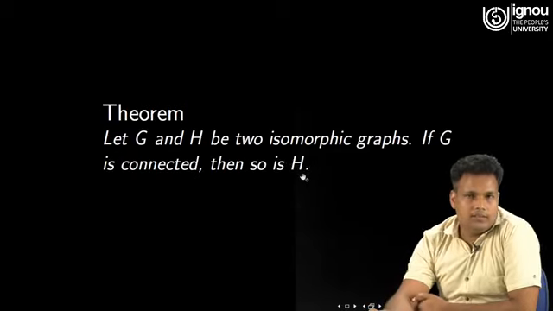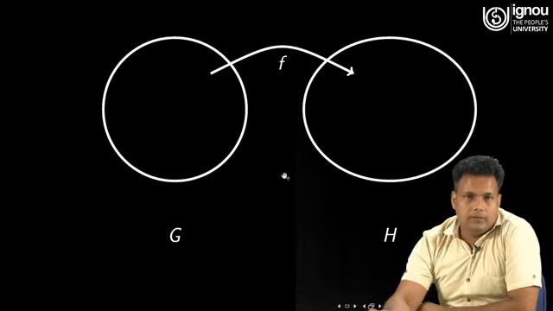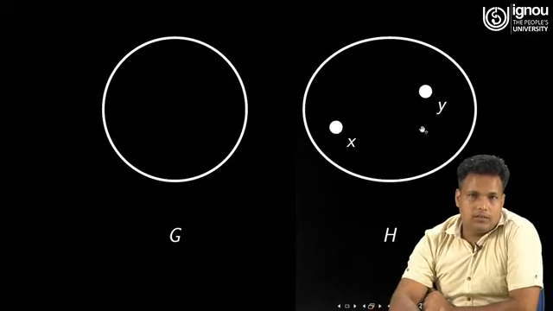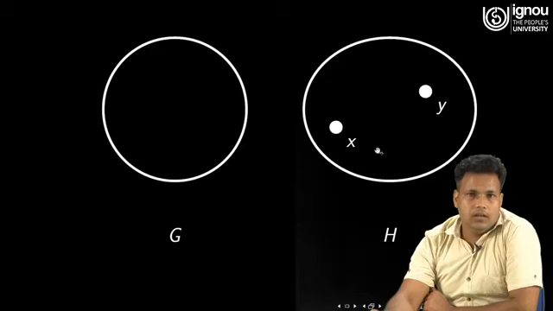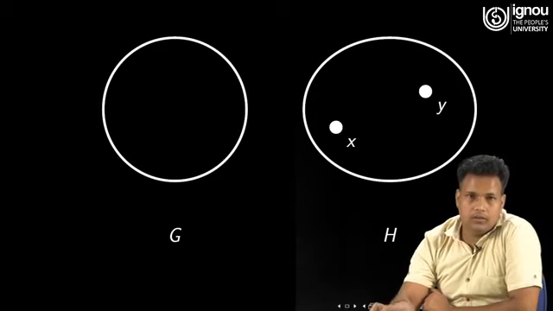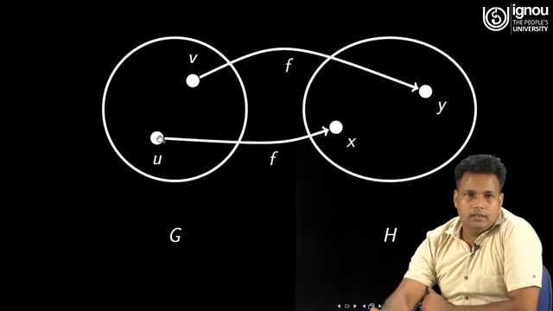So we just pick any two vertices, say X and Y in H, and we'll show that X and Y are connected by a path in H. So geometrically, G and H are these two graphs, and F is an isomorphism from G to H. You just pick any two vertices here, X and Y. Since F is an isomorphism from G to H, there are pre-images of X and Y in G, and let's call these pre-images U and V. That is, U maps to X and V maps to Y.